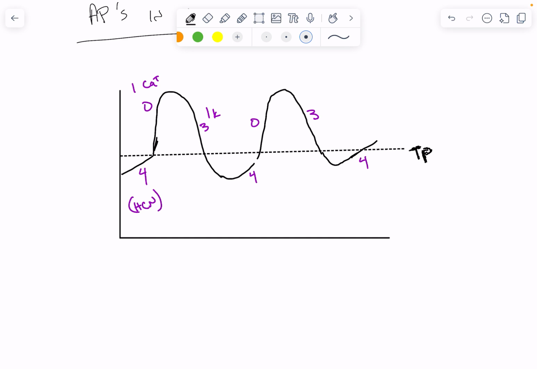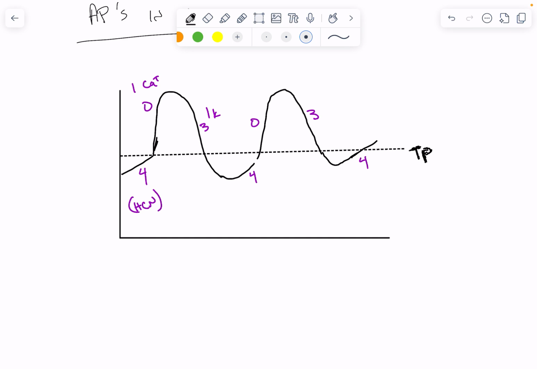So what you'll see here is that there are only 3 phases of action potentials for autorhythmic cells, and that once the membrane repolarizes, it quickly begins to depolarize again.